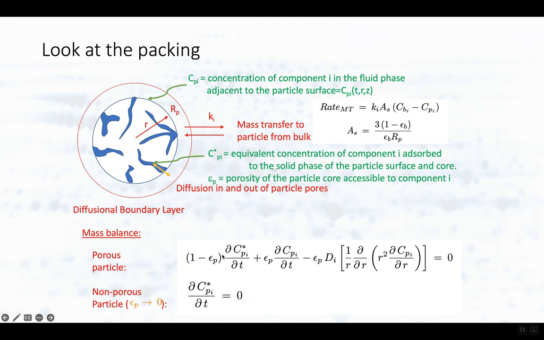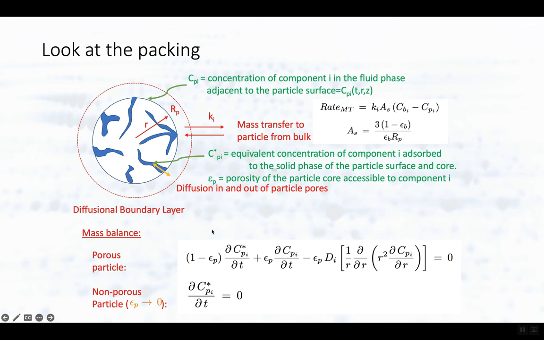Okay. If we have a porous particle, which is most of the time in chromatography, then we have to deal with the concentration inside, the temporal change in concentration at the surface, and then diffusion into and out of the pore in the radial direction R.